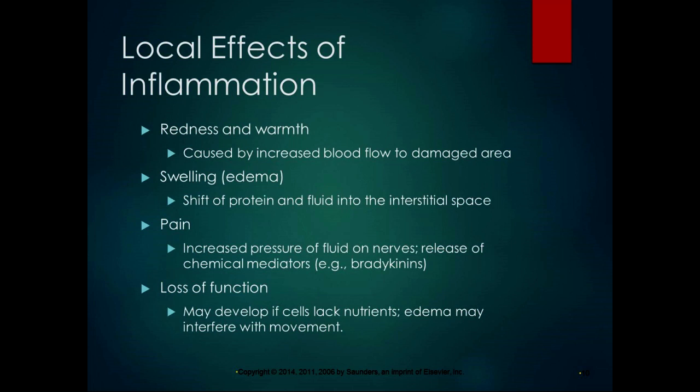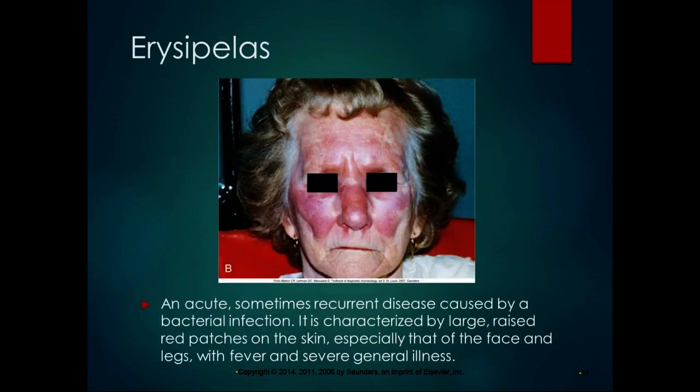I think we've all had some minor injury, like an ankle sprain or something, where it swelled way up and it interfered with our movement. Redness and warmth, swelling, pain, and loss of function are all local effects of inflammation. So erysipelas, where ERY means red, C means patches, and pila is skin.